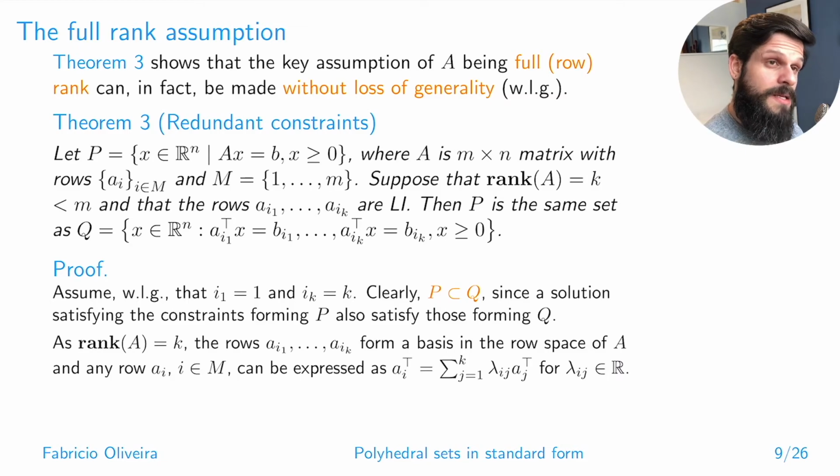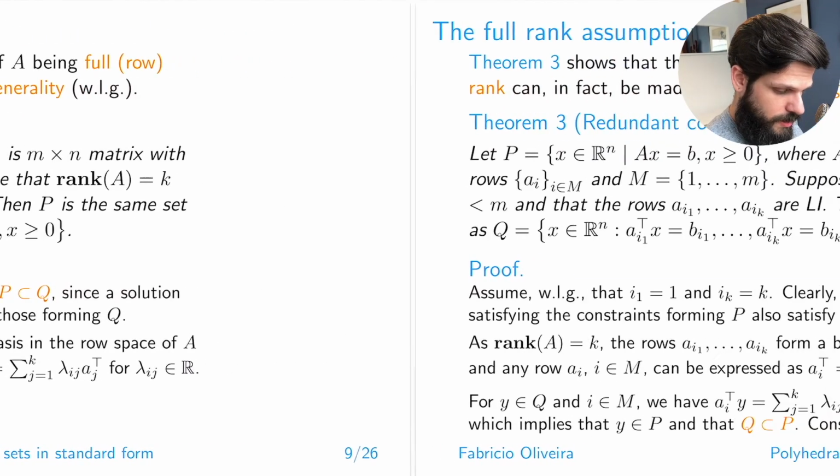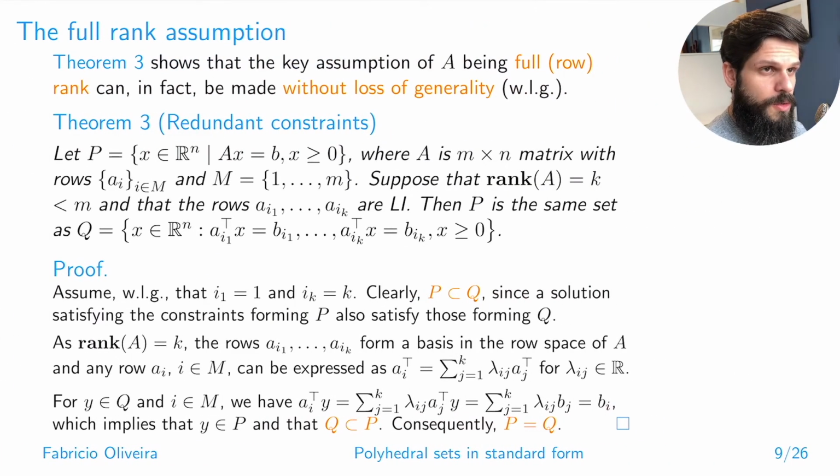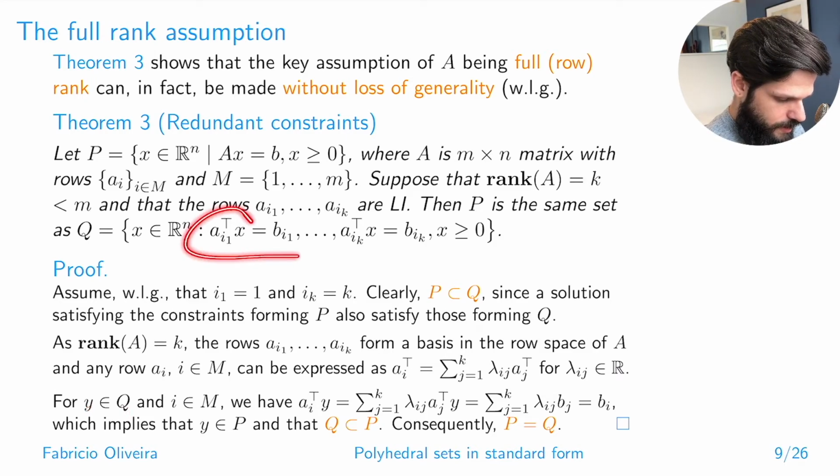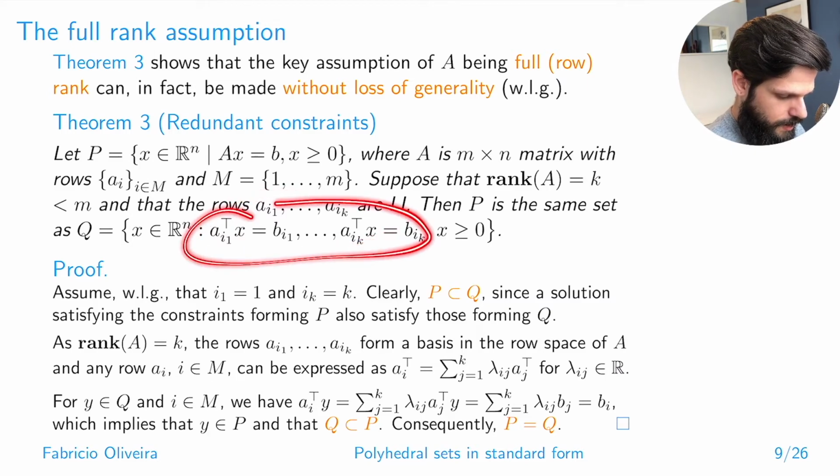That being the case, I can pull a little trick just to observe the following. Let's take a point y that lives in Q. I'm assuming that it lives in Q, and I'm looking at a constraint i of the matrix. What we just said is that because y is in Q, it satisfies this. Sorry, it satisfies this.